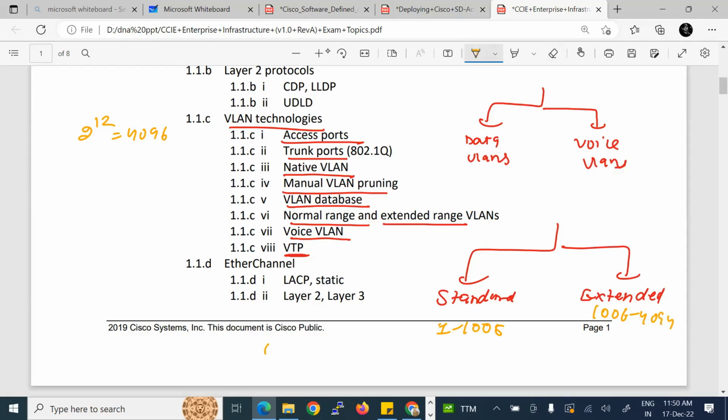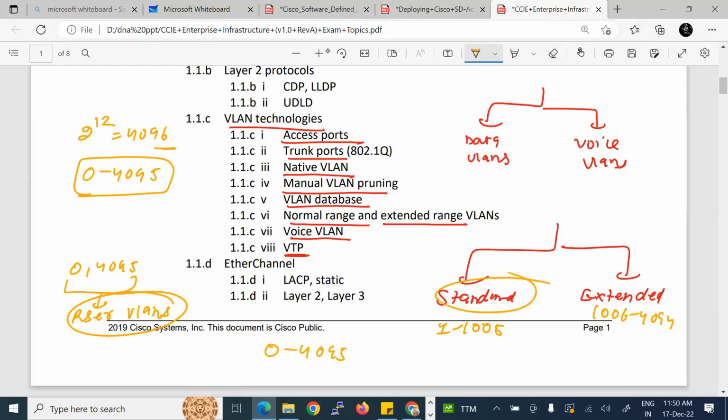You'll say, what about 0 and 4095? Because we start from 0, the range is 0 to 4095. Basically, 0 and 4095 are two reserved VLANs, so I'm not counting these VLANs in the standard or extended range.